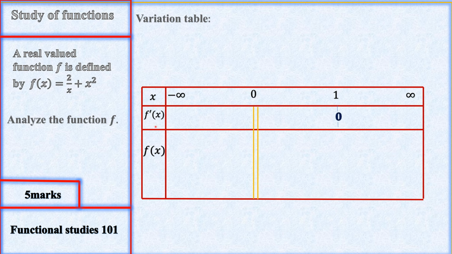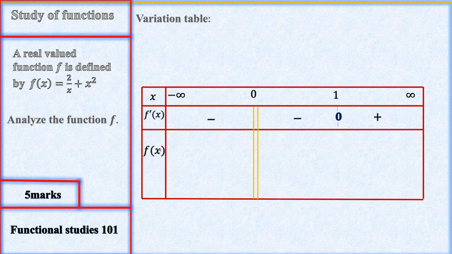When you test by the sign, not the value, you end up with a negative number. So we put negative there. Between 0 and 1, you can take 0.5. When you test in f prime of x, you end up with a negative sign. And then when you take a value between 1 and positive infinity, you can test 2, for instance, and you end up with a positive value.